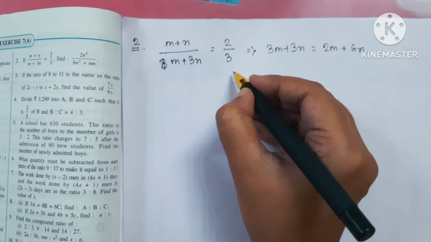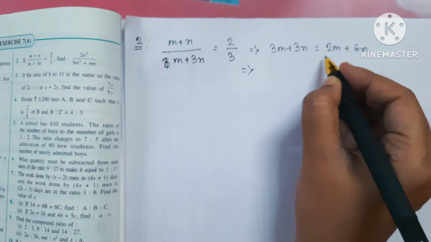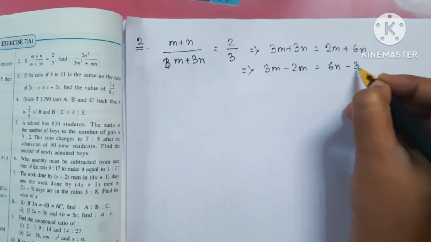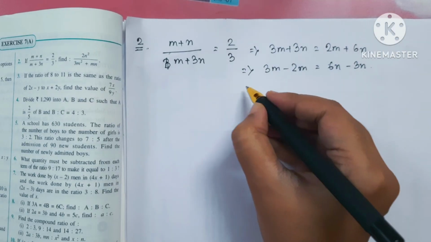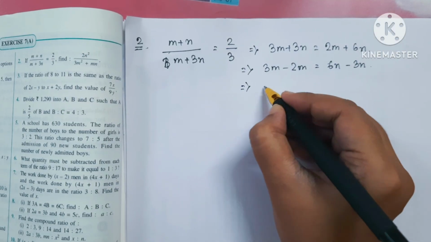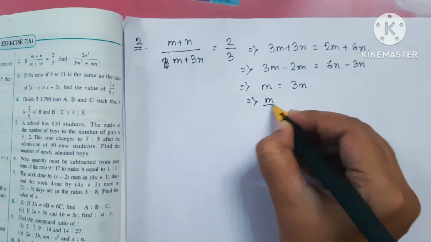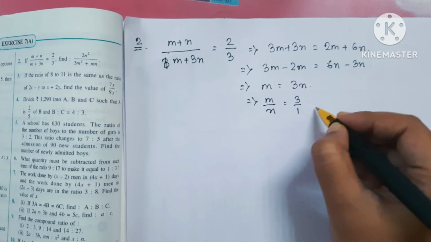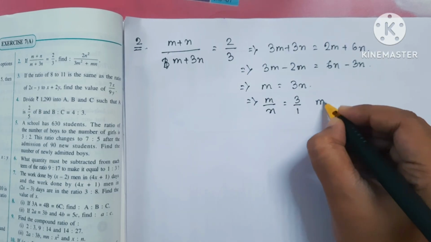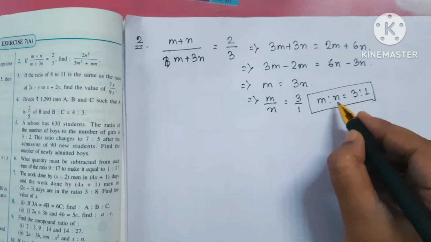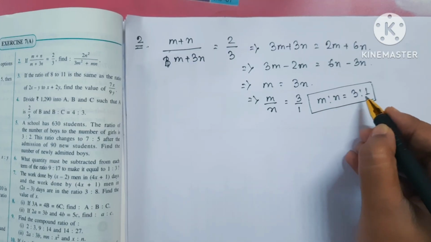So from here you will get 3m minus 2m is equal to 6n minus 3n. Now from here m is equal to 3n, that means m by n is equal to 3 by 1. So m is to n is equal to 3 is to 1, the ratio of m to n is 3 is to 1.